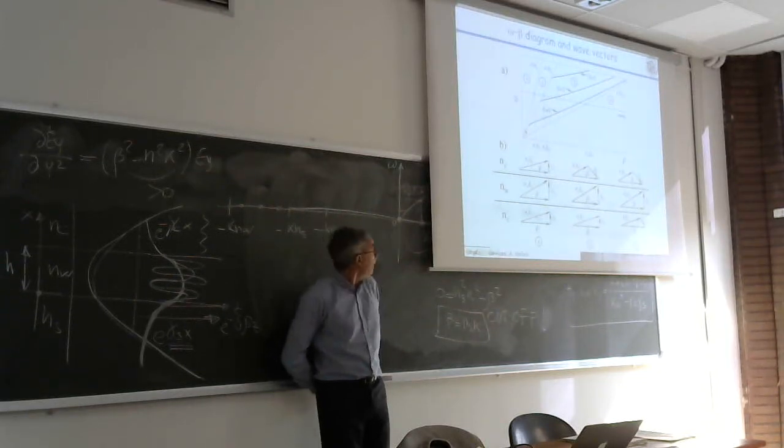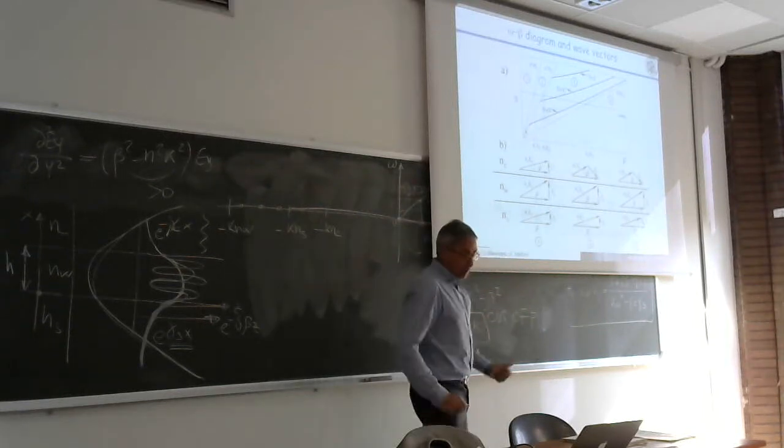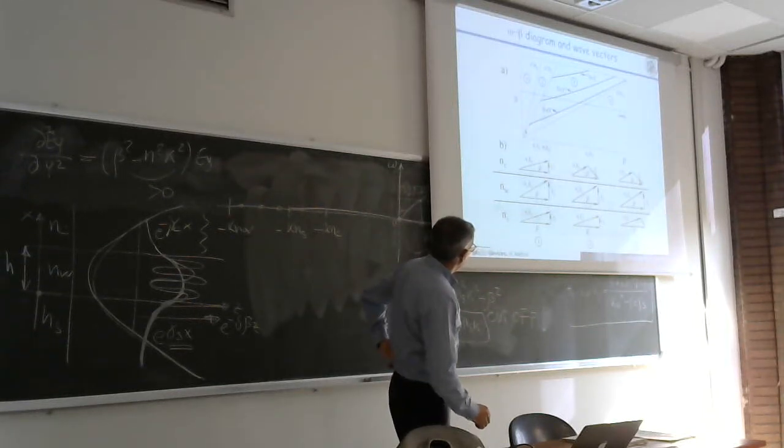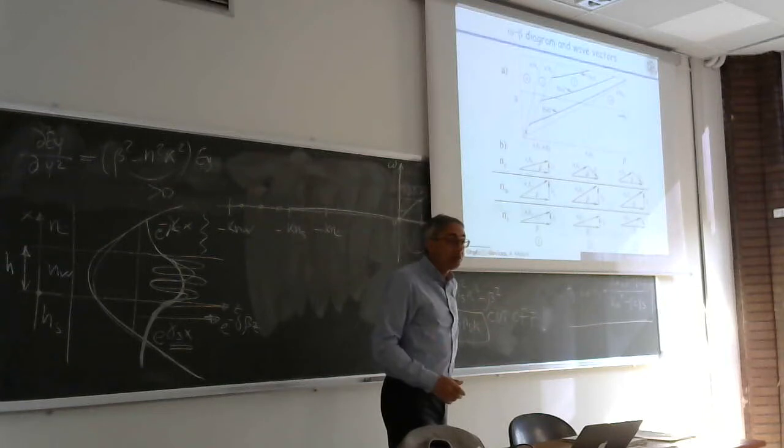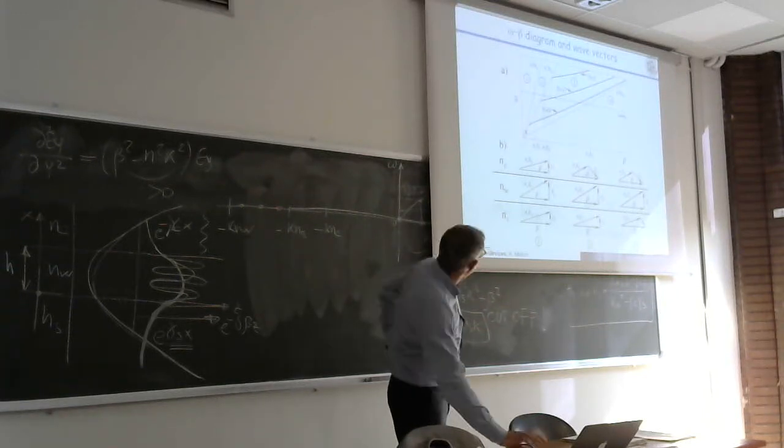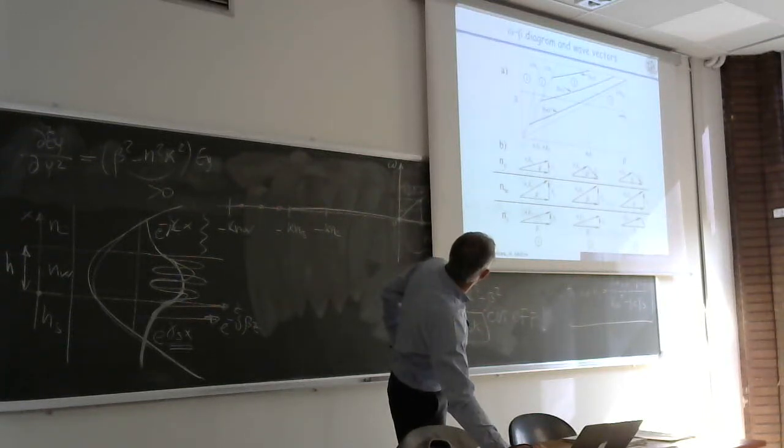Okay? And below, you see the triangle that we considered before, the picture. So in, for example, 3, here, these are guided modes. You see that here you have a guided mode in the core with evanescent behavior outside.